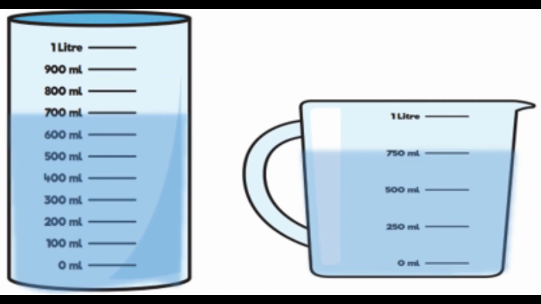So if you're able to see, you can see that container 1 actually has 700 millilitres in. Container 2 actually has 750 millilitres in, so it's not the same. 700 millilitres in container 1, 750 millilitres in container 2. So she is wrong.